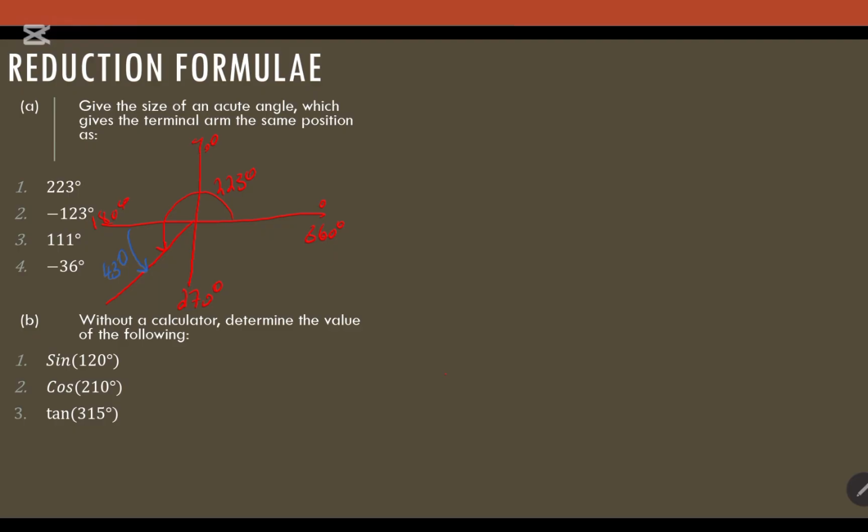Therefore, we can represent the 223 degrees as 180 degrees plus 43 degrees. Sine of 223 degrees is the same as sine of 180 degrees plus 43 degrees.